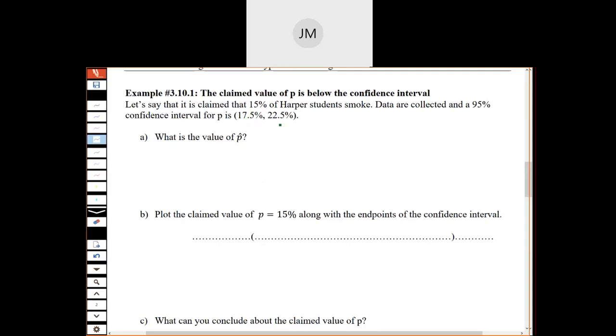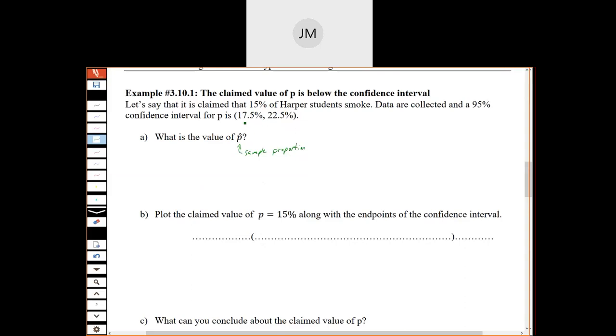So first of all, what if I'm asked, what is the value of p hat? Remember that p hat is the sample proportion. I know that the sample proportion is going to be the very middle of my confidence interval.